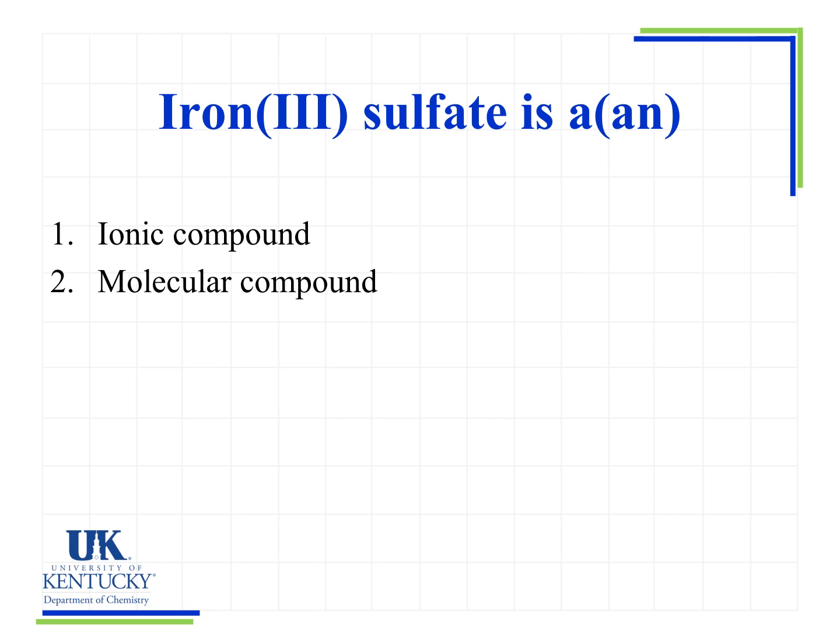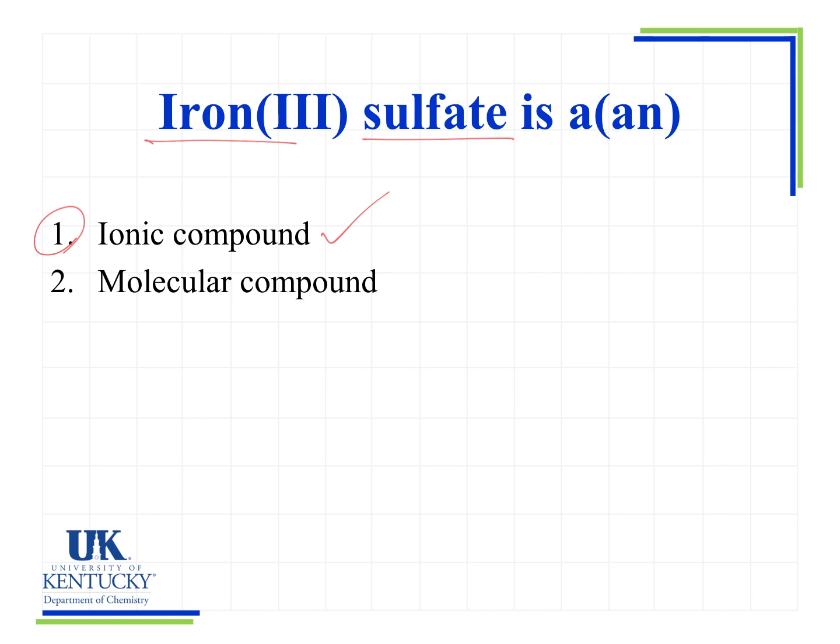Okay, so tell me if iron 3 sulfate is an ionic compound or a molecular compound. So if you said 1, ionic compound, you're right. So iron is a metal, and sulfate is not a non-metal, but it's a polyatomic ion.